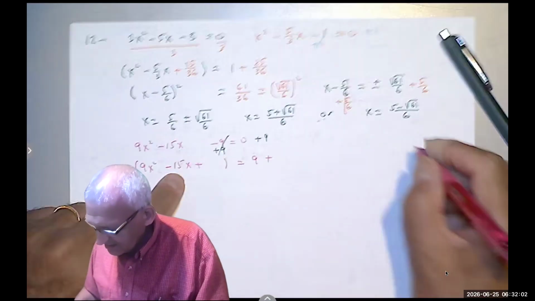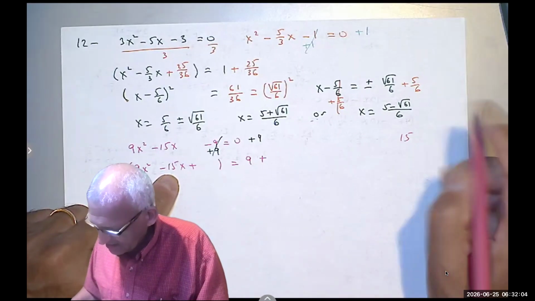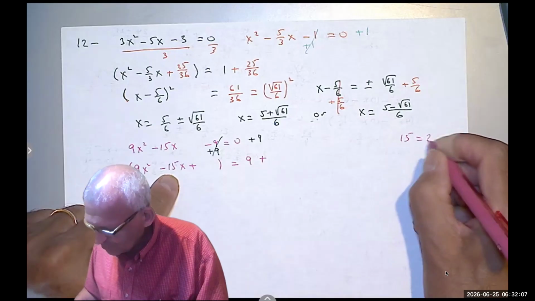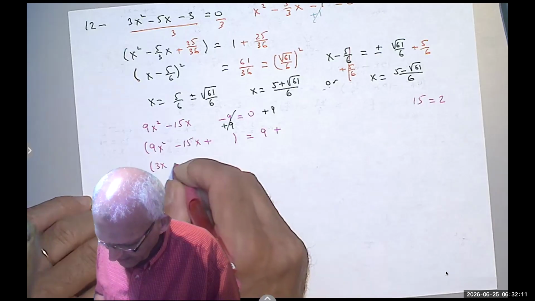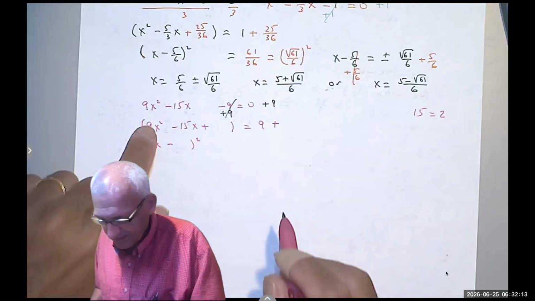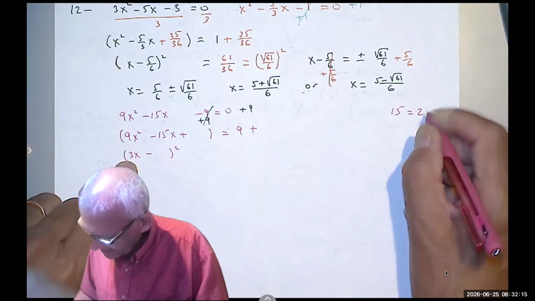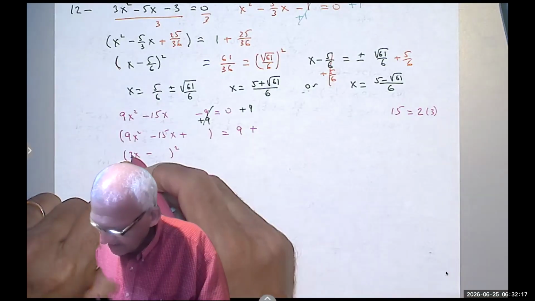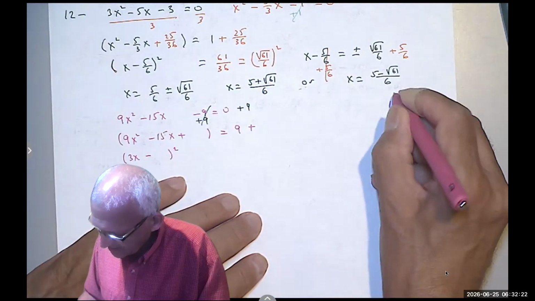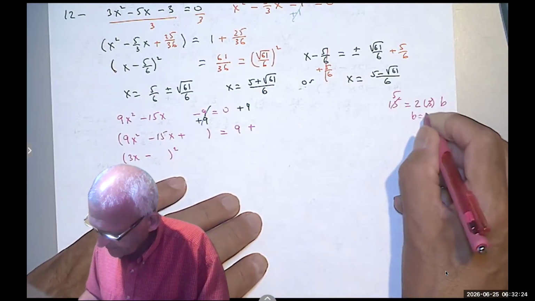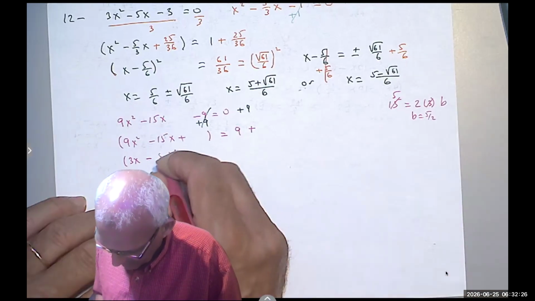The negative 15 is negative 2 times, this would be (3x minus something) squared, right? 3x. So 2 times 3, which is the a, times b. I can simplify 3 and 15, I make it 5, so b is 5 halves.